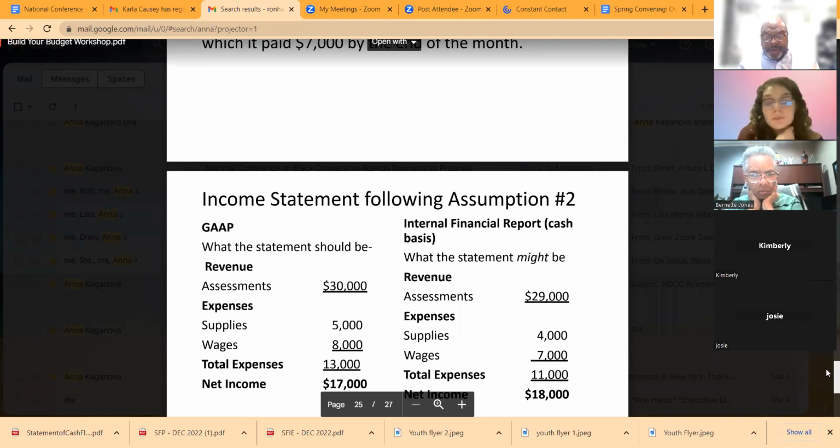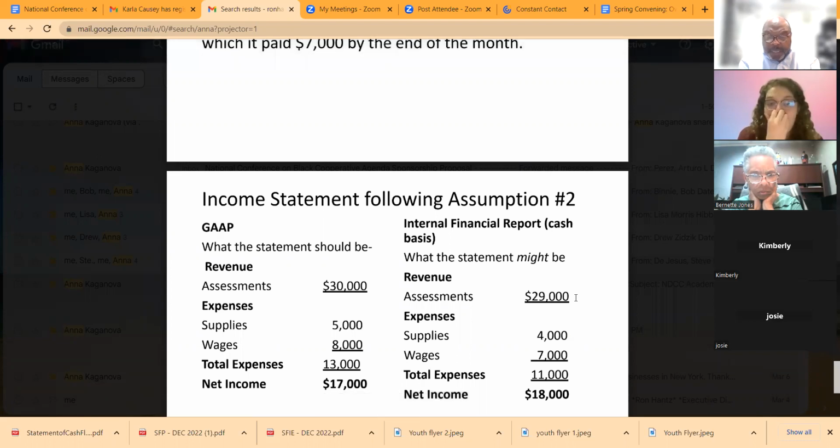All right. On a cash basis, the assessment is 29,000 because we have one month that the person's not paying, so that's 29,000. Supplies is 4,000 because that's what we paid out, not what we projected to pay, and then we paid 7,000 out in wages.